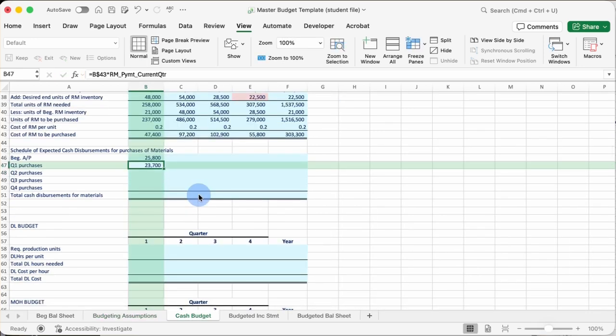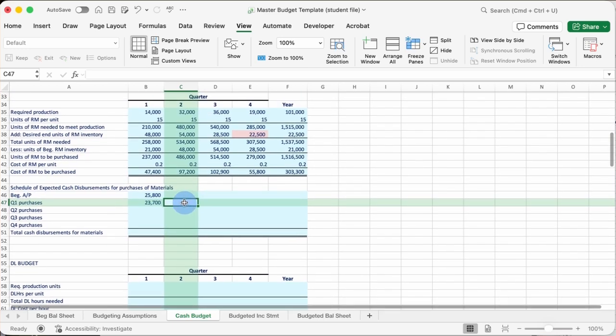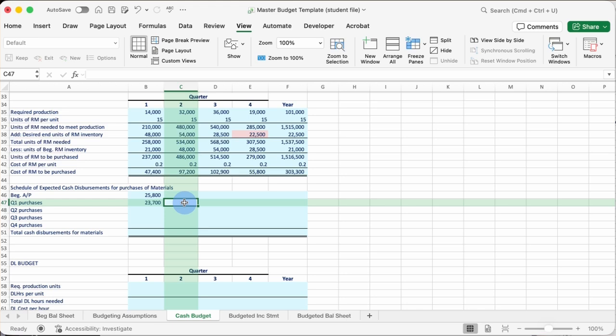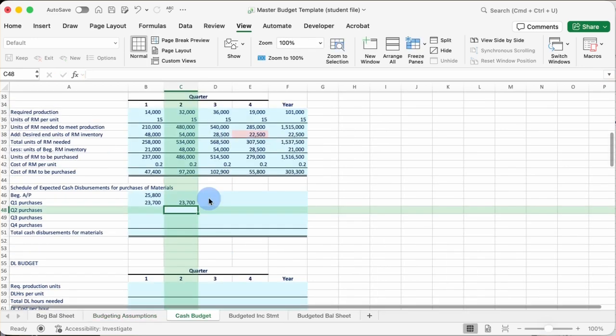And then of our Q1 purchases, we need to do the same thing except for the quarter after they were purchased. So we'll say equals, we'll select the prior quarter, cycle through the absolute cell references till just the row is locked in, multiply that by the percent of purchases paid in the quarter after they were purchased, and press enter.